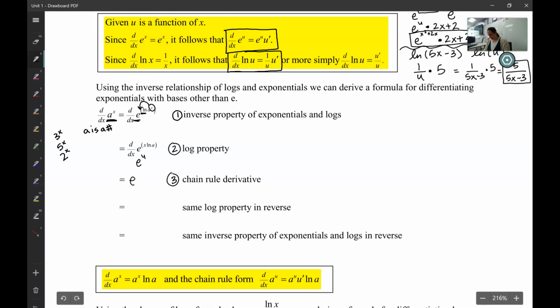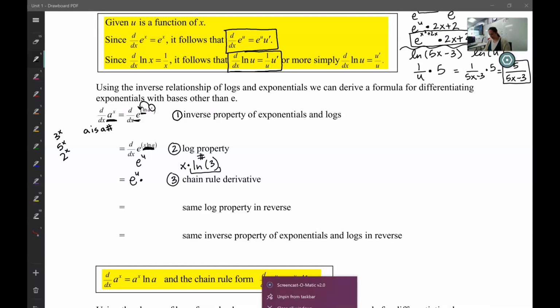I would take the derivative of the mommy, which is e to the u, times the derivative of the baby. So here's my baby right there. And remember, a is a number. So this is x times ln of, say, 3. That means ln of a is all just a number. I could put it into my calculator and get a number.